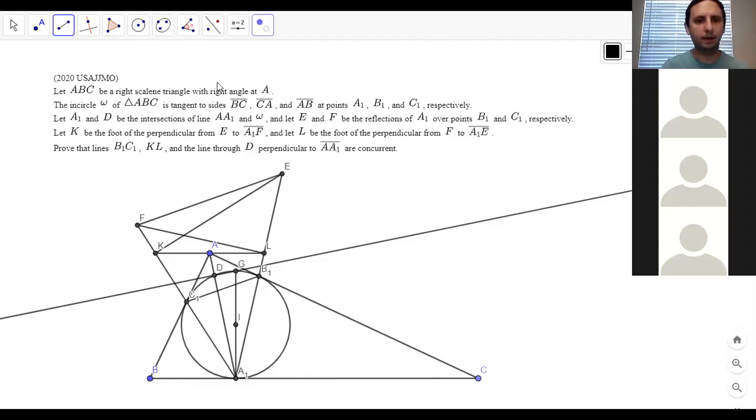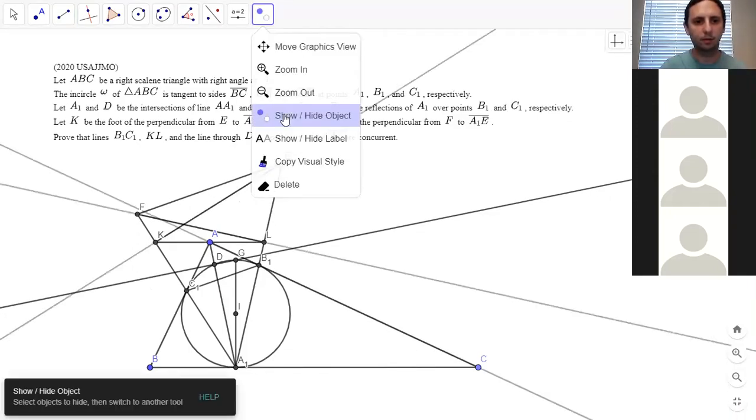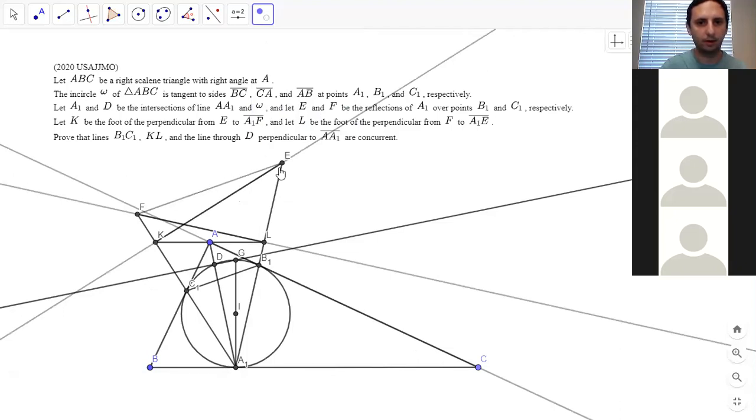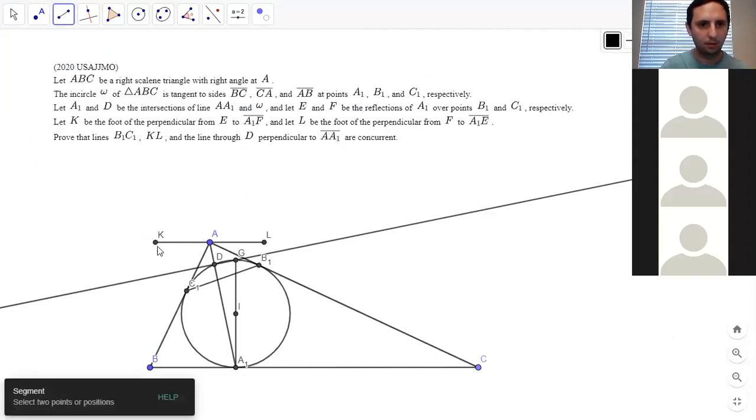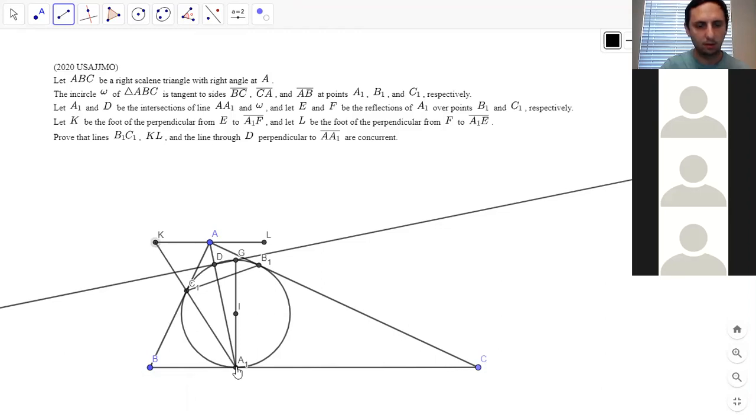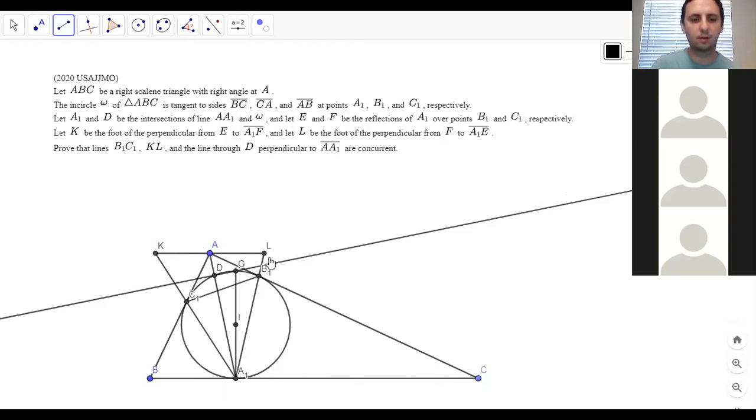We can basically delete E and F. Once we know that, we don't even need these segments and K and L. Just need to prove that the intersection point of DG and B1C1 is on the line from A parallel to BC.